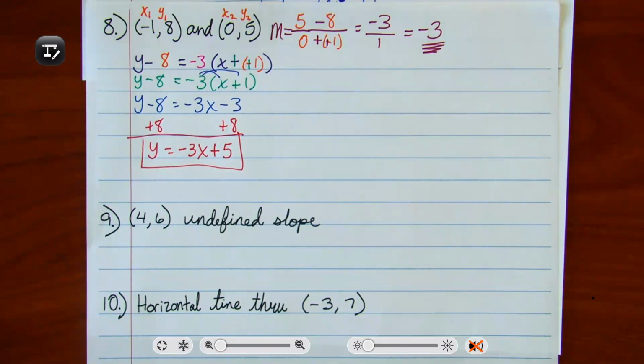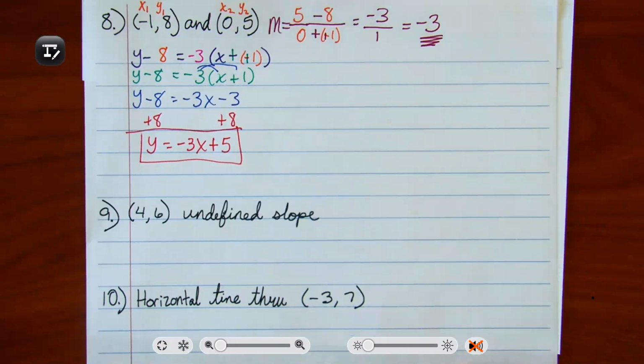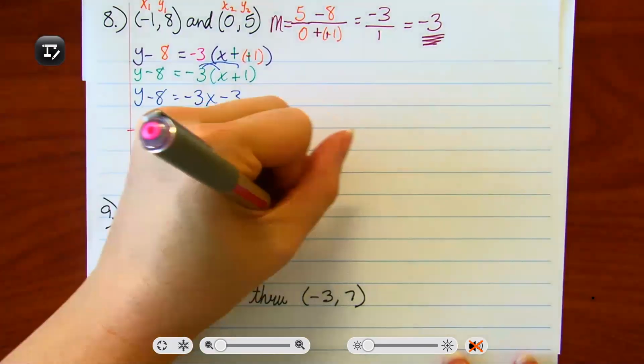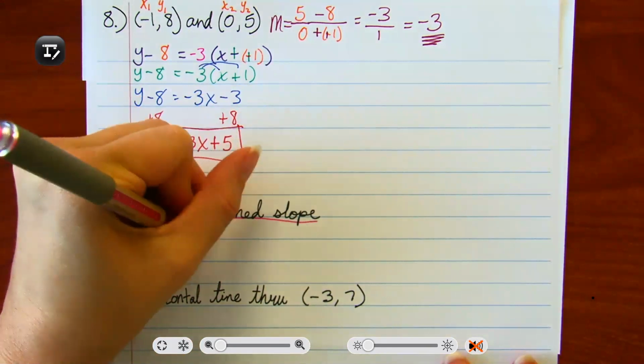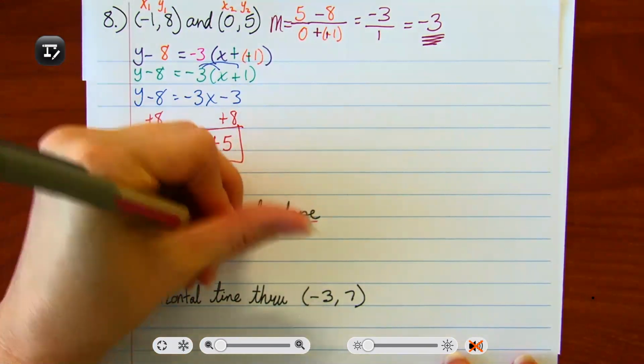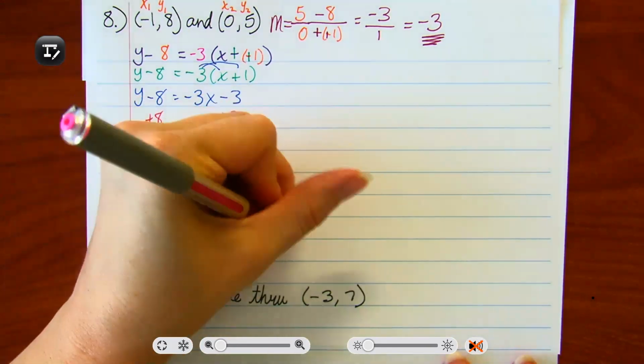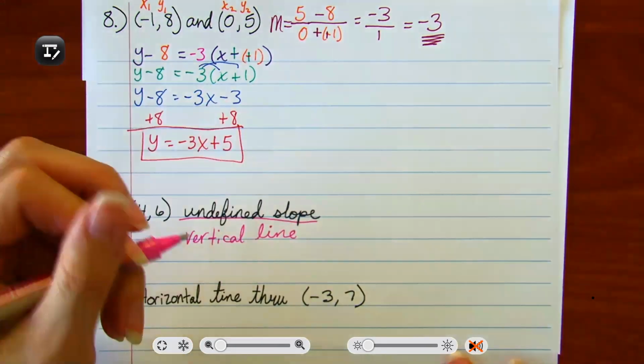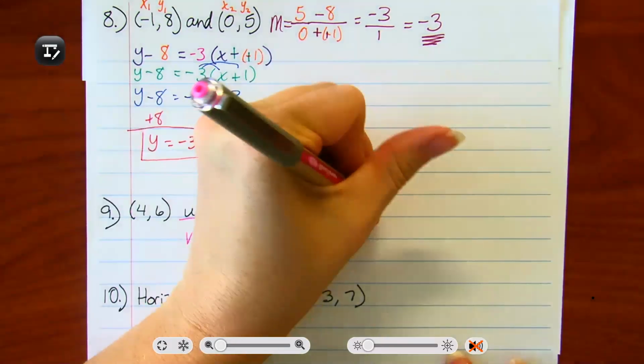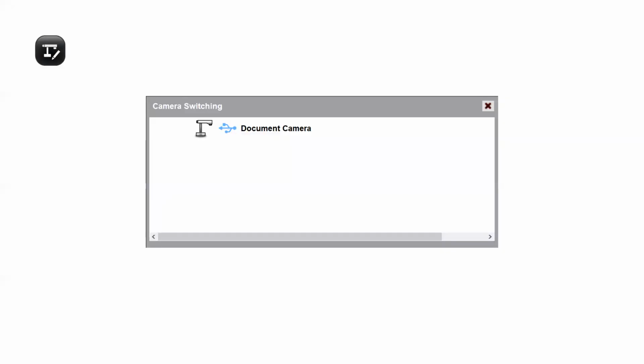Number 9, we want to find the equation of a line that goes through the point 4, 6 and has an undefined slope. So if it has an undefined slope, that automatically tells me that it has to be a vertical line. And if it's a vertical line, that means its equation is going to have to look like x equals a number.